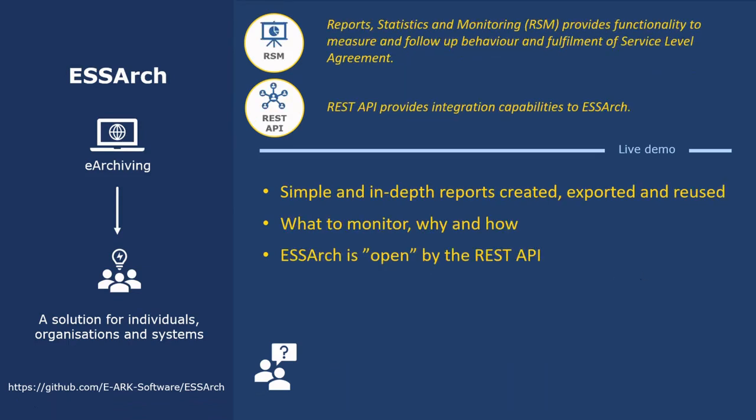So in this next section, we are going to have a look at reporting, statistics, and monitoring of ESSArch. We're also going to have a quick look at the REST API.